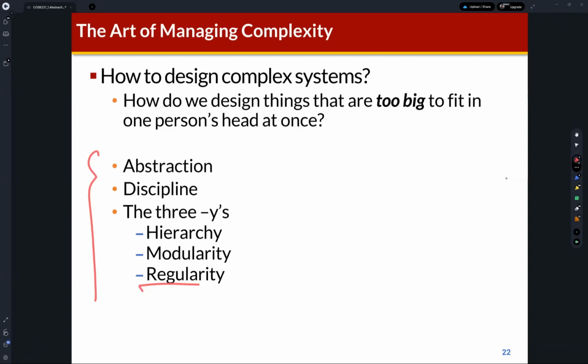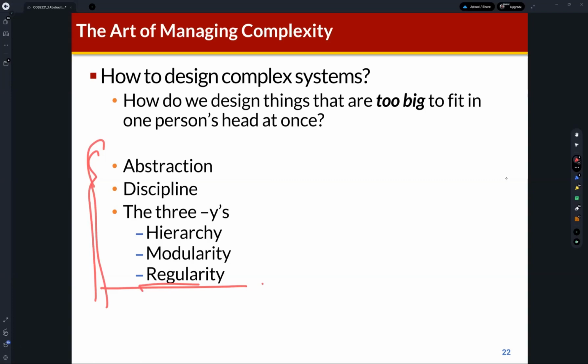As I mentioned, modern digital systems are very complex and very big. Actually, one person cannot handle these complex systems. But based on these concepts, many engineers can handle these complex digital systems.